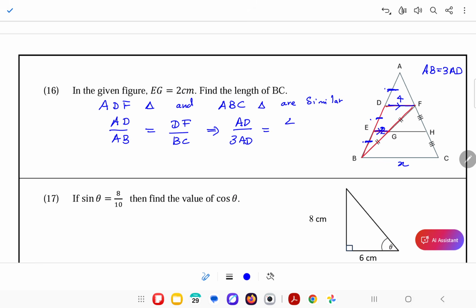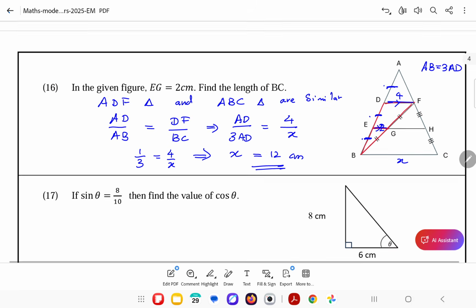Right. DF we know, which is 4. BC I want to find, I label it as X. Now just simplify. AD cancel, so 1/3 is equal to 4 over X, and X is what? 12, cross multiply. So 12 centimeters. That is the length of BC.